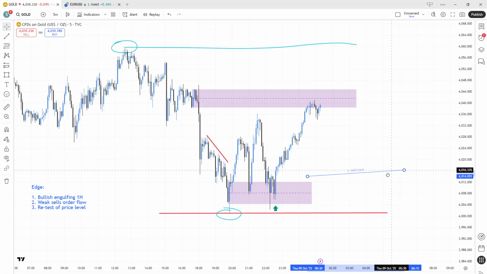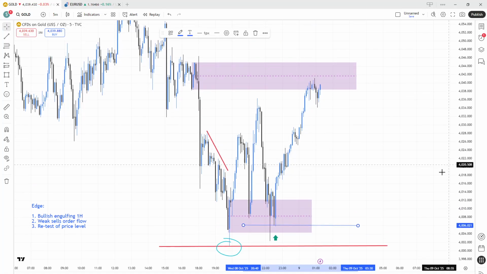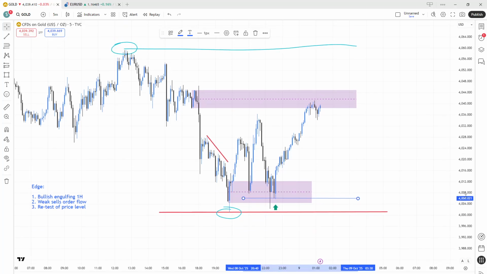This is going to be another video that we're going to be talking about. Notice that this right here took out the previous candle. Just like this, how this candle took out this previous candle and gave that strong reaction for the upside.